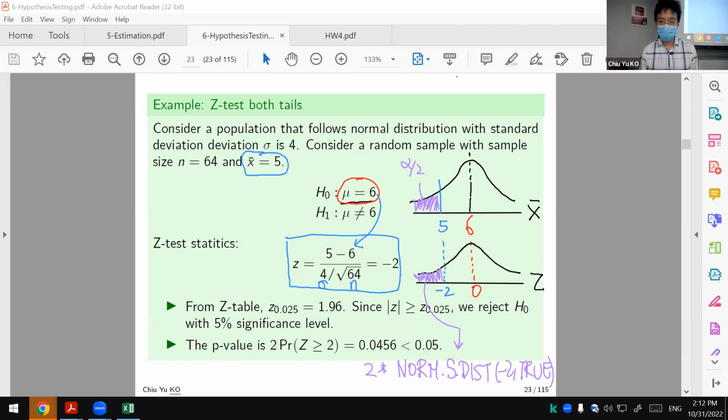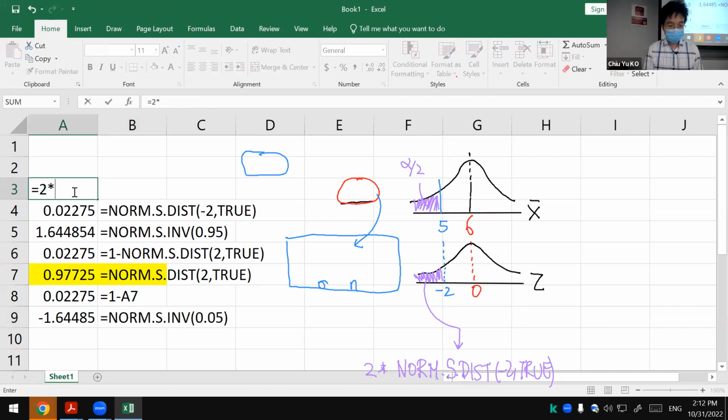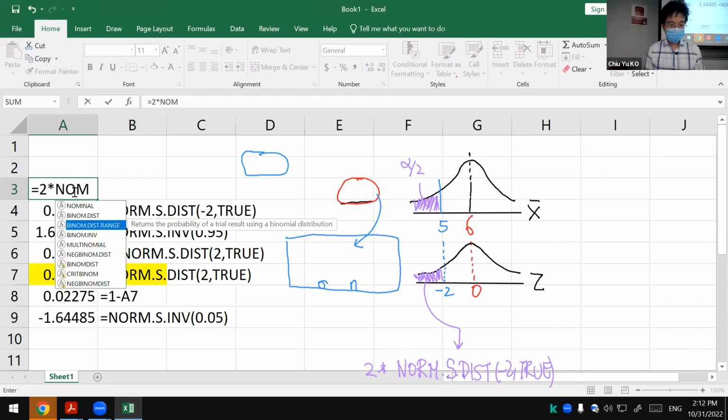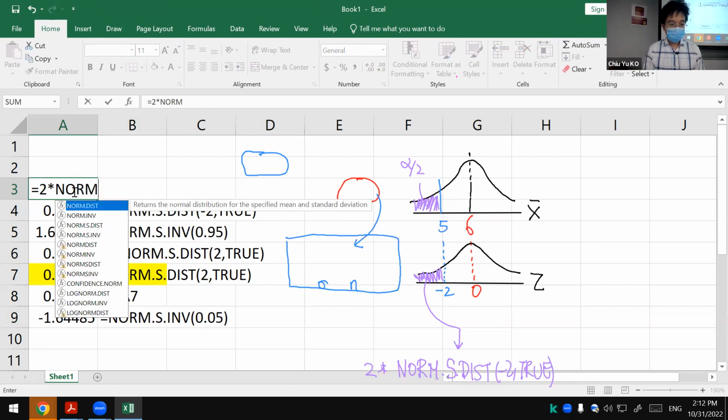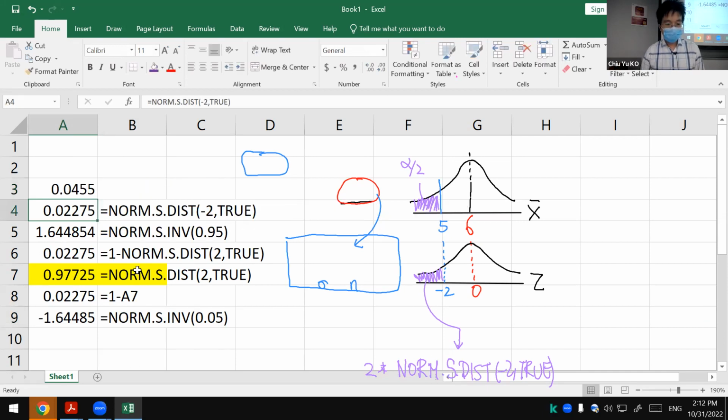This is how you calculate the p-value. The p-value is 2 times norm.s.dist of -2, true, and it is going to be 0.04.